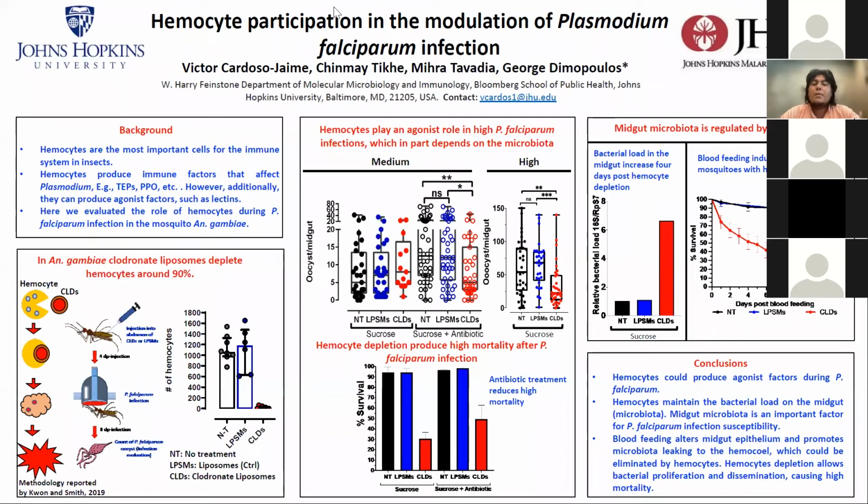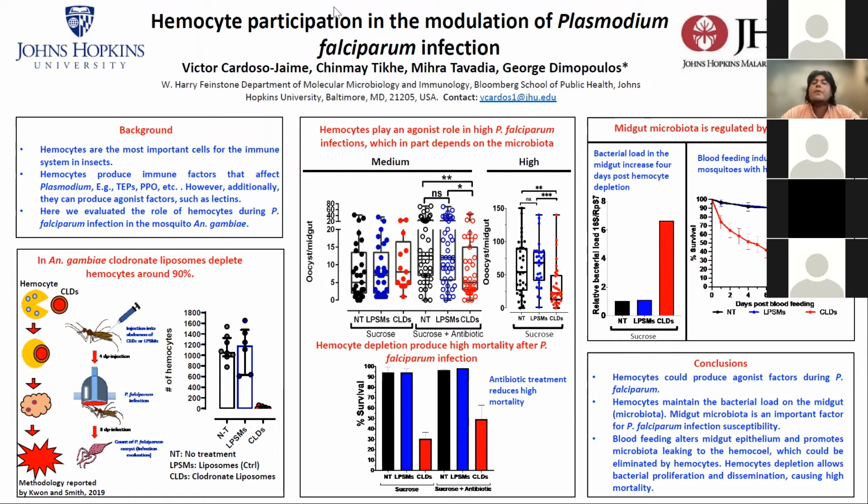Surprisingly, we observe a high mortality in mosquitoes with hemocyte depletion after Plasmodium falciparum infection, but this mortality is decreased when mosquitoes are treated with antibiotics, suggesting that the mortality probably is associated with over microbial load.